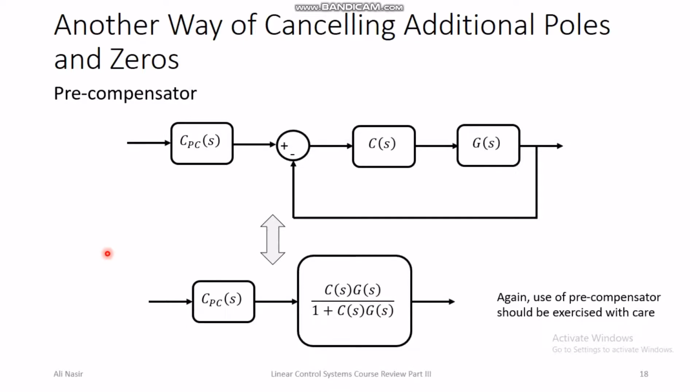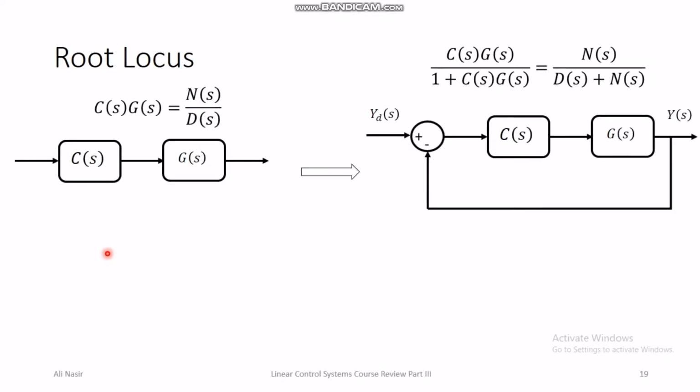Alright, so then we go to the next topic of the course, which is root locus. Root locus is one of the very important topics and tools in control systems design. Before we study root locus, we just look at how we go from an open loop to the closed loop. Whenever we have an open loop system and we close the loop, what happens to its transfer function?